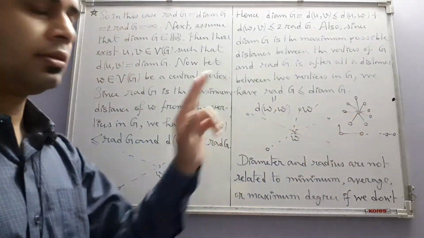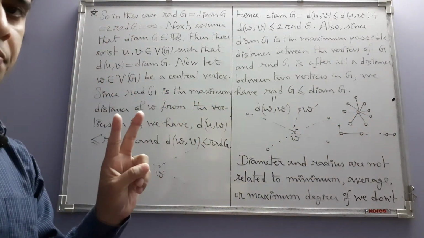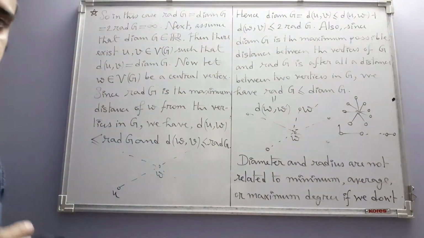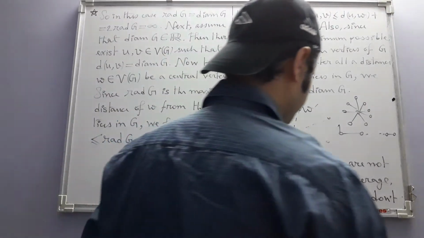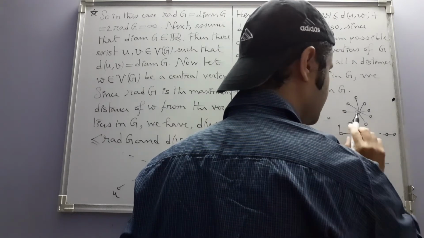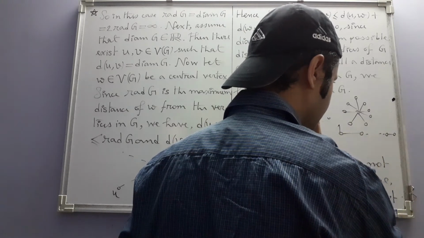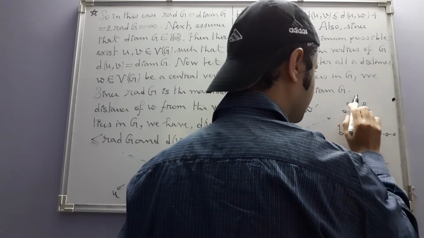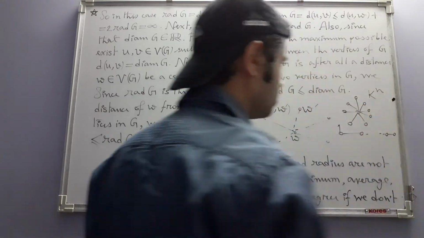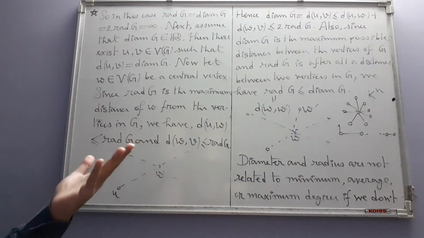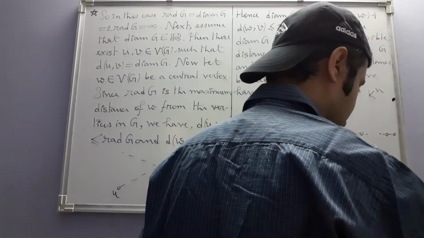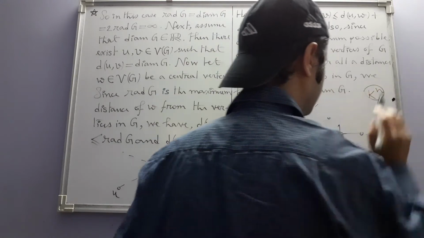This graph has diameter 2 because the maximum possible distance between any two vertices is 2. But the minimum degree, we cannot increase the minimum degree this way because we are still having vertices of degree 1. Okay, so you take the complete graph, yes, that is actually the example that I was trying to present.